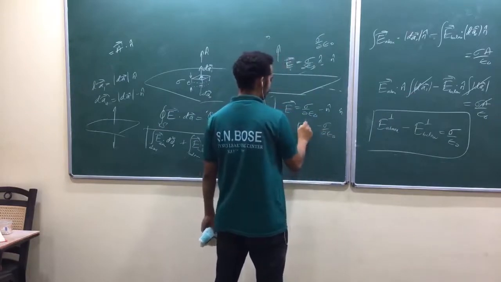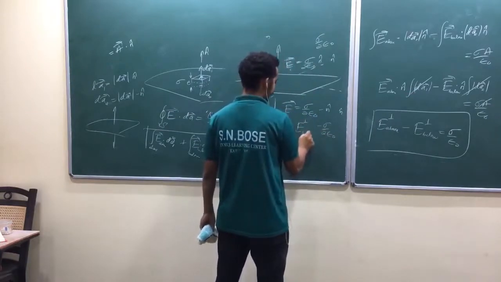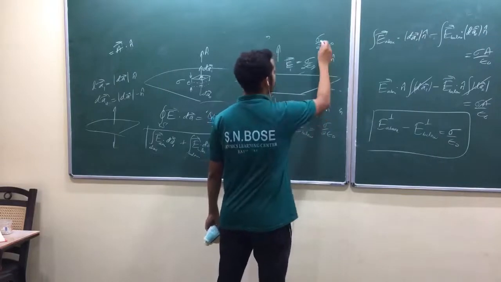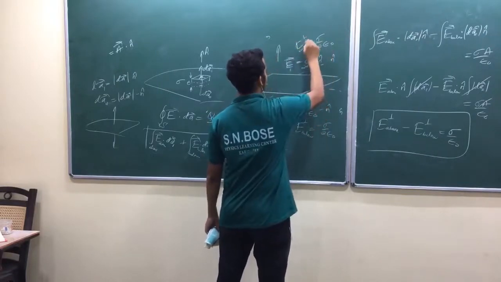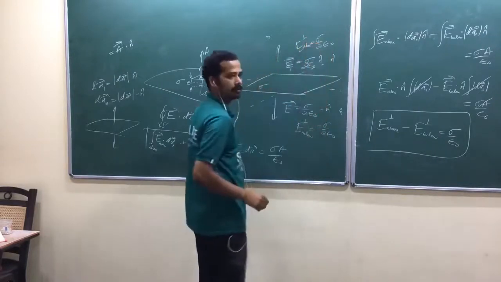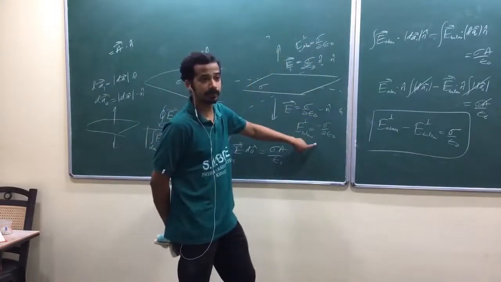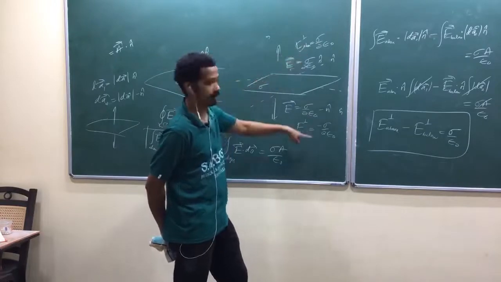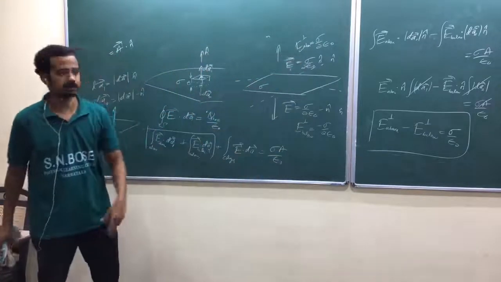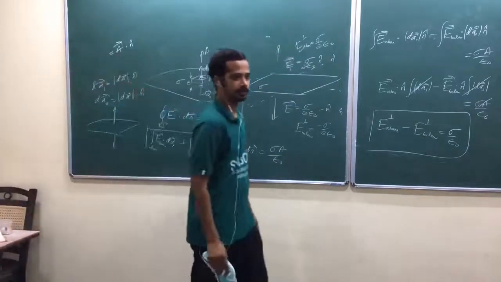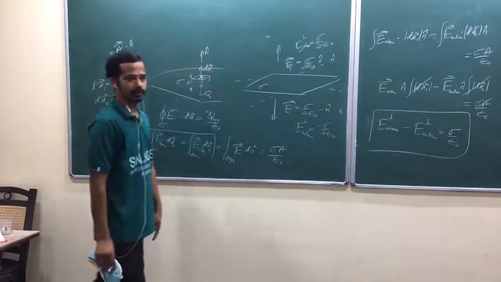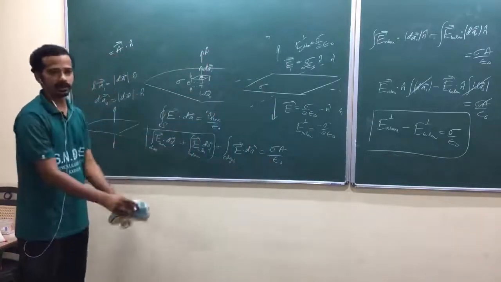What is this one? E perpendicular above minus E perpendicular below: minus of minus, plus, sigma by 2 epsilon naught plus sigma by 2 epsilon naught, that is sigma by epsilon naught. Is that okay? That was a special case.